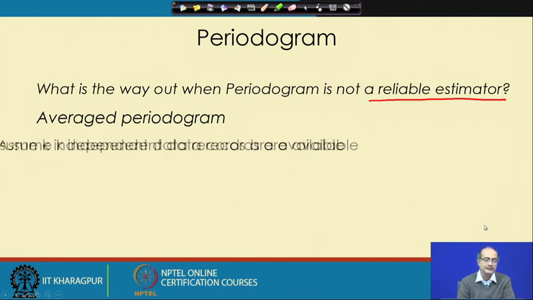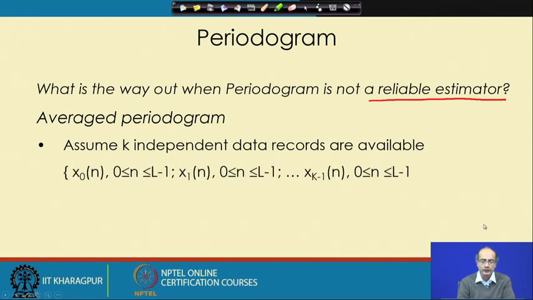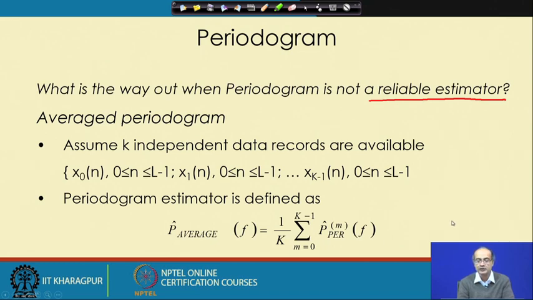What it suggests is that let us take K independent data records, x 0, x 1 to x K minus 1, independent data records, and compute the periodogram of each one of them, and the new periodogram estimate is the average of these individual periodograms.